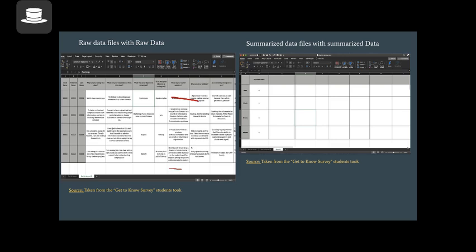I tried to hide your names here by using X's. So for each of the questions you were asked, you gave me several responses. So this data file is a raw data file with each of you giving responses.